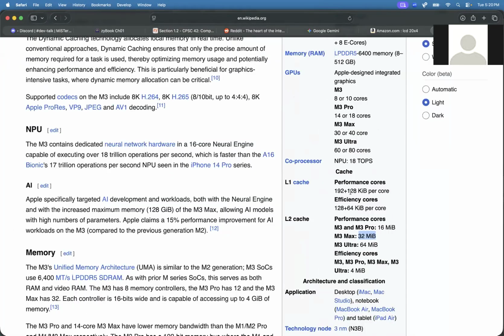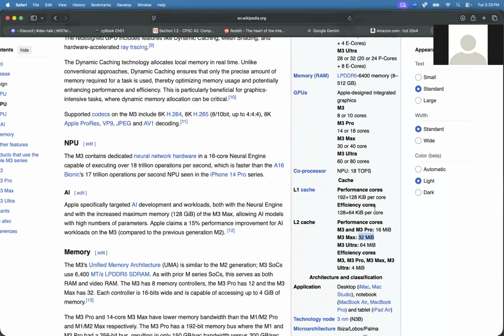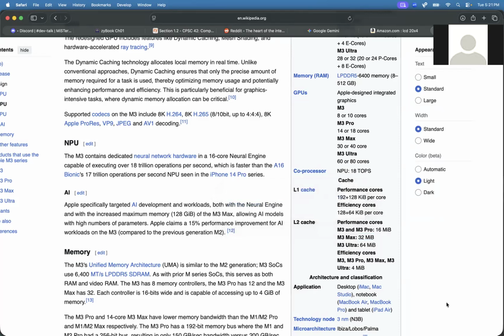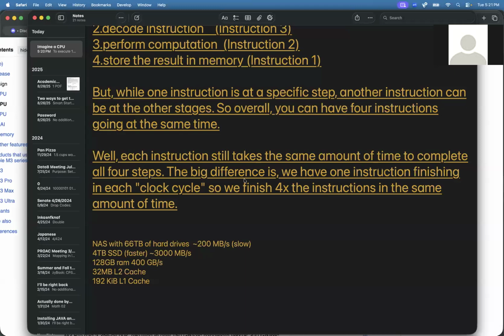I don't know the speed of it. And then finally, there's L1 cache, and you can see that it's very small. I'll say 192. Maybe I don't have the numbers right, but you get the idea.